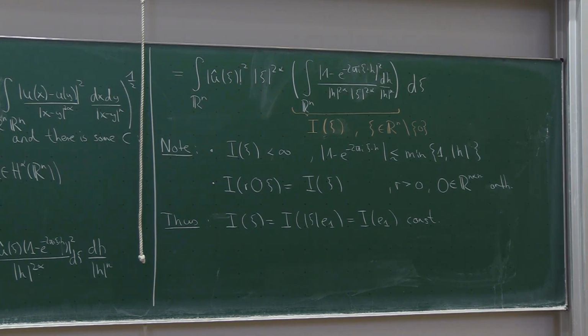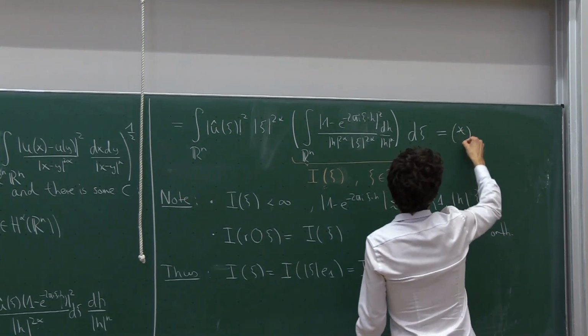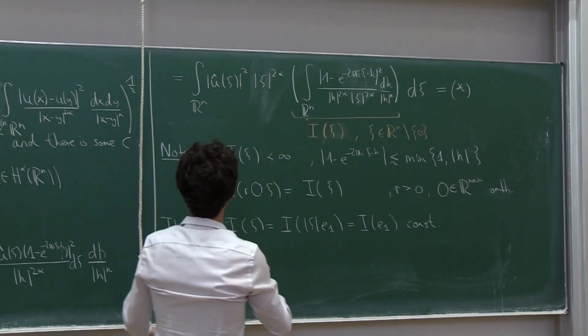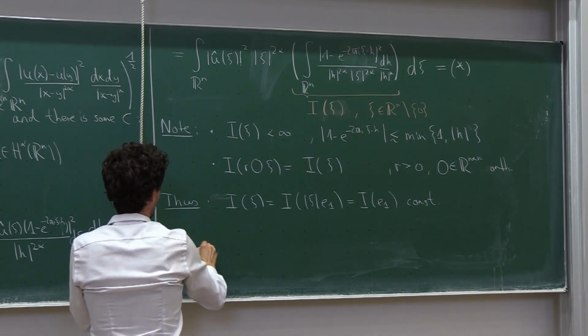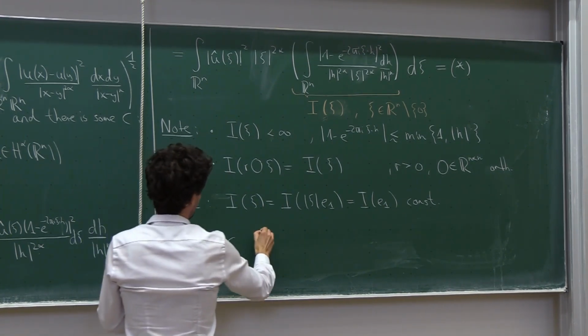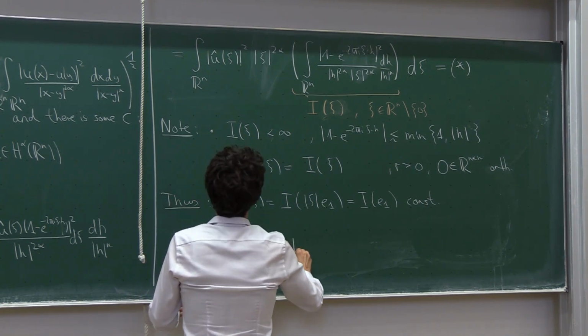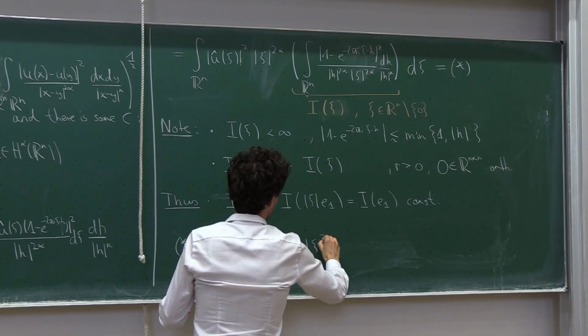Okay. So if it's constant and it's non-zero, then I can just call this thing star. And then I can continue. Star is equal to some constant times the integral on Rn of u hat of xi squared times xi to the 2 alpha.